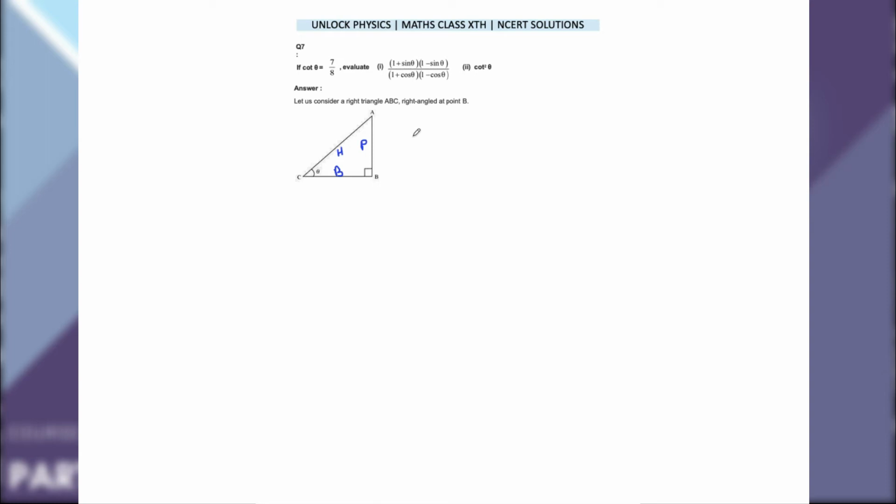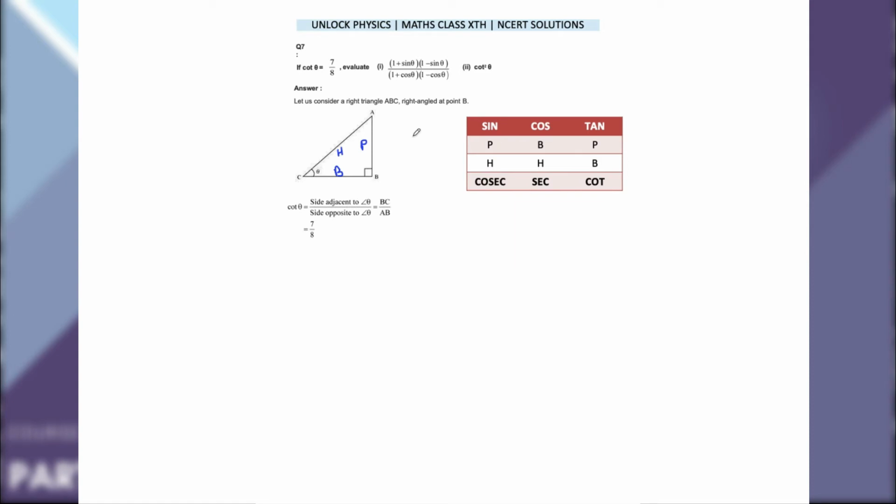We construct our TR table, which gives us the ratios. Now cot theta will be base upon perpendicular, that is BC upon AB, which is 7 by 8 given in the question. Now if BC is 7k, then AB will be 8k, where k is a positive integer.